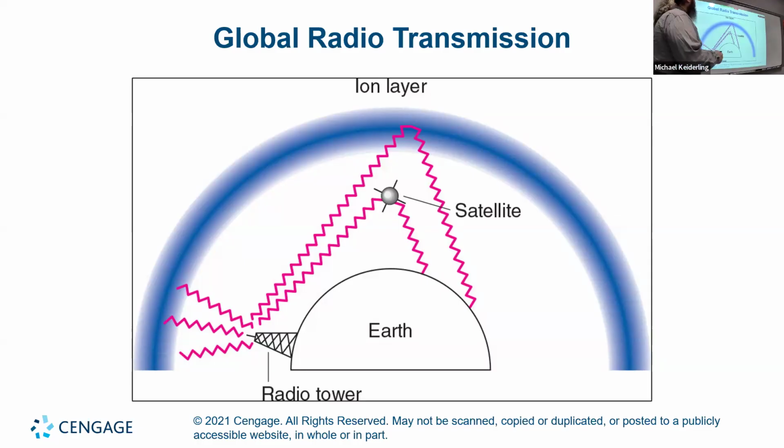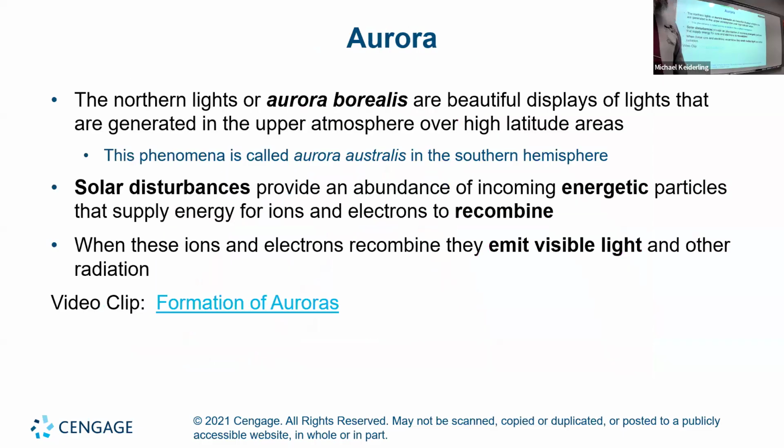But it used to be that people bounced it off the ionosphere, but it's inconsistent. So it's much better to have a satellite that just receives the signal and retransmits it, or, well, most of our data goes through undersea cables just because you can put a whole lot more data through undersea fiber optic cables than you can through atmospheric radio waves.